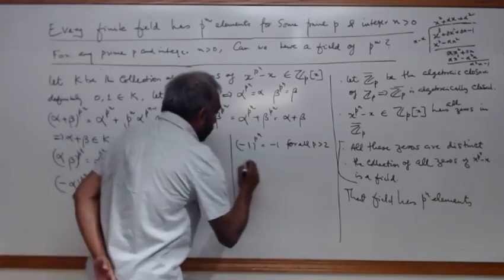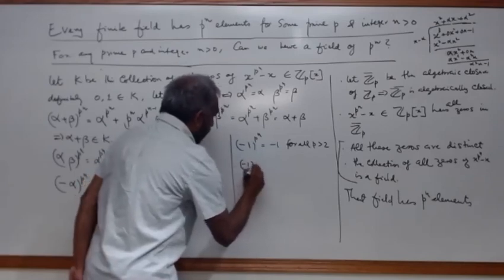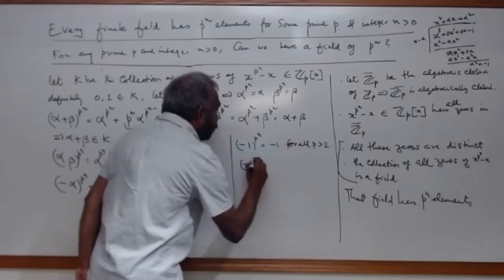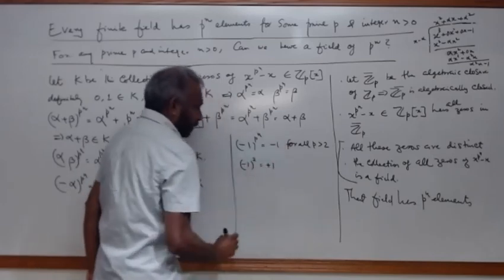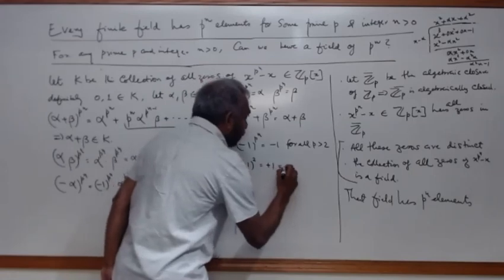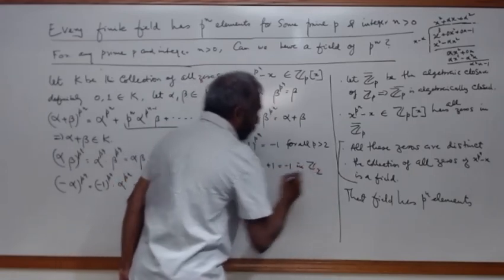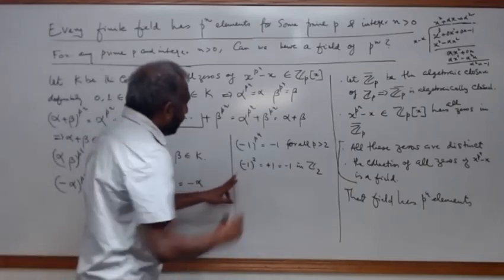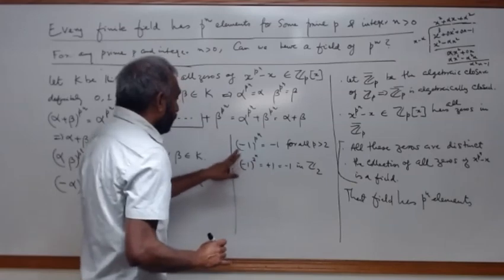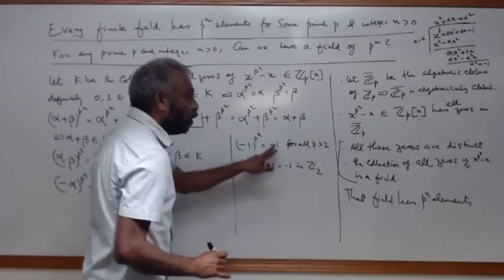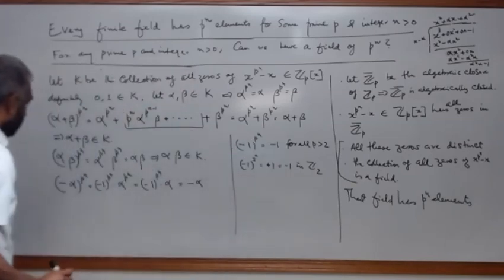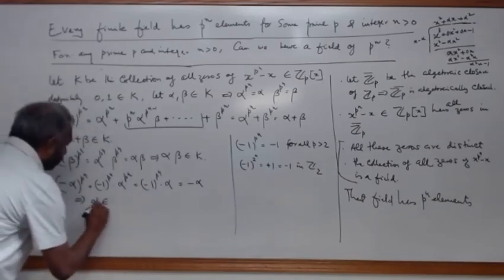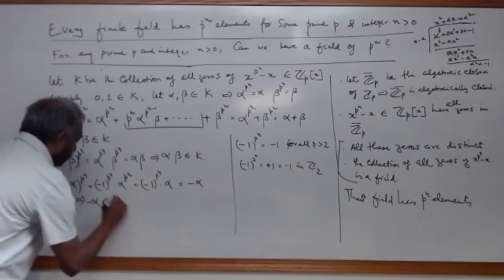And when p is 2, minus 1 to the power of 2 something is actually plus 1, which is equal to minus 1 in Z_2. So in either way, minus 1 to the power of p to the power of n is always minus 1. And that implies minus alpha belongs to K.